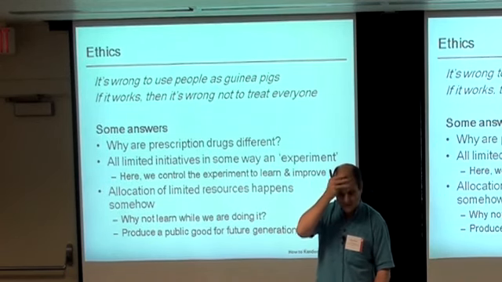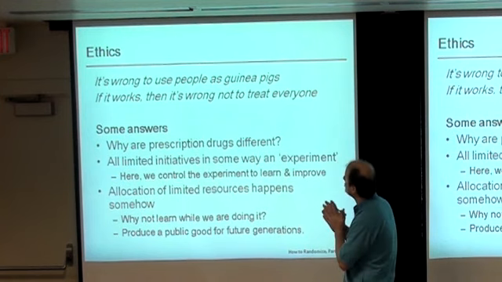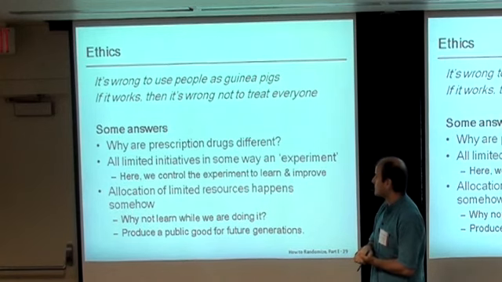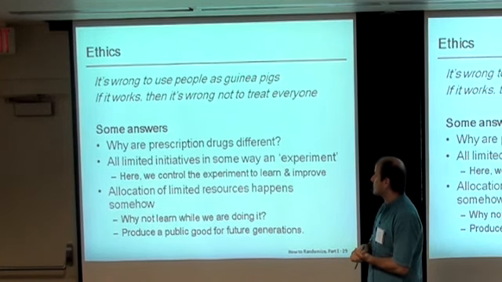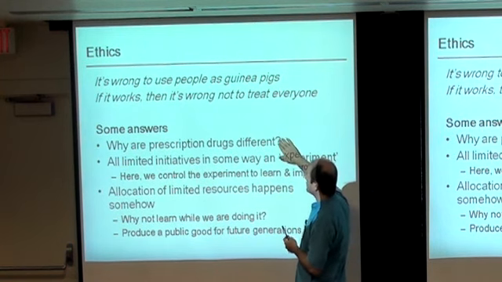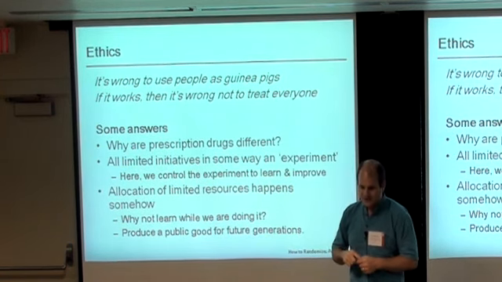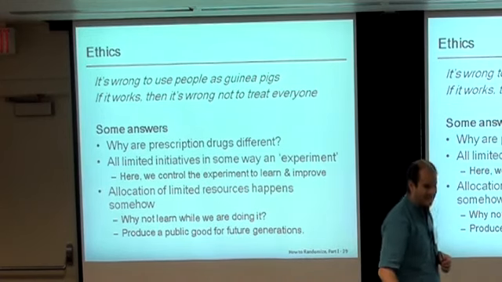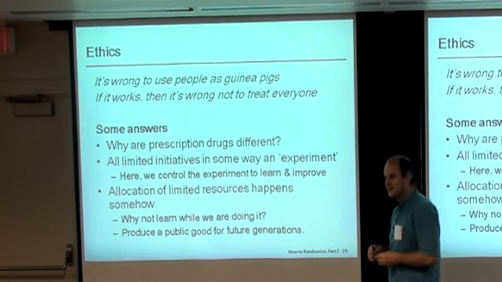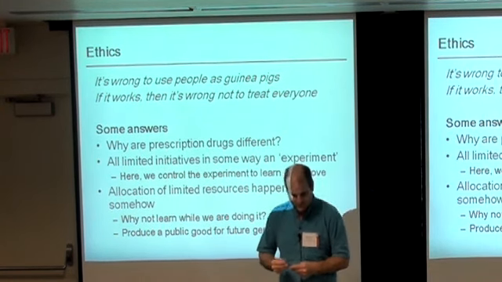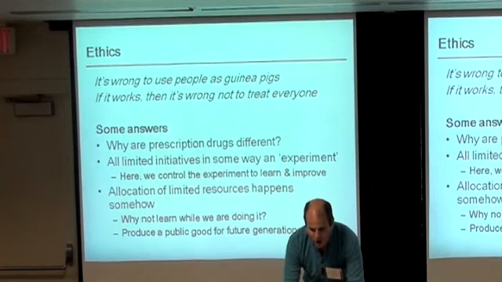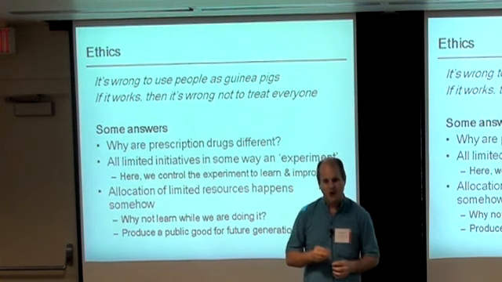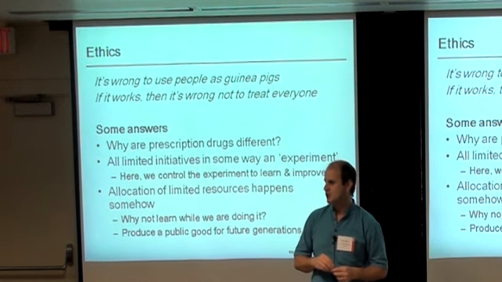So on ethics, some of the things that we'll often hear are statements like, well, it's wrong to use people as guinea pigs, or if it works, then it's wrong not to treat everyone. The first thing to think about is that it's a very leading question. One thing to often ask yourself, or ask people in this type of conversation, is why is this different from prescription drugs?